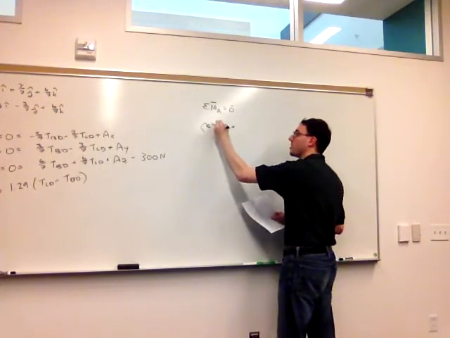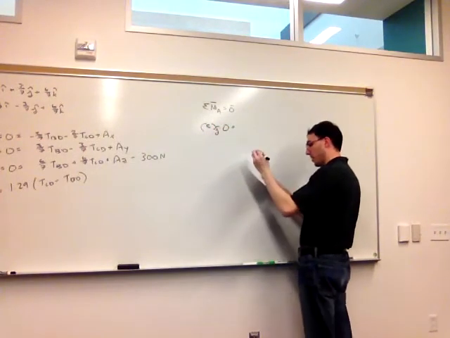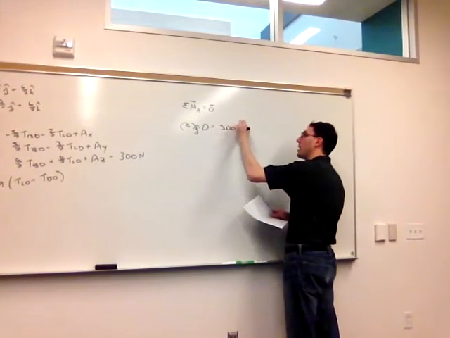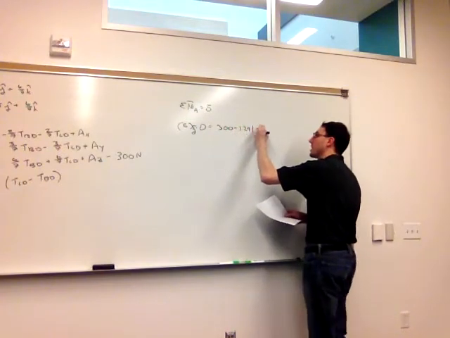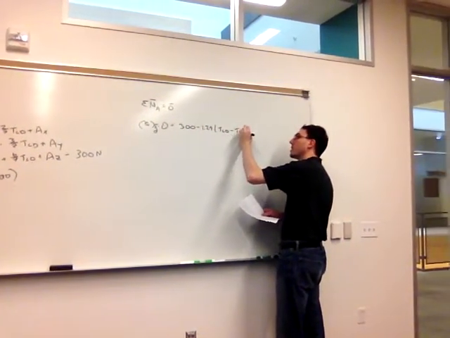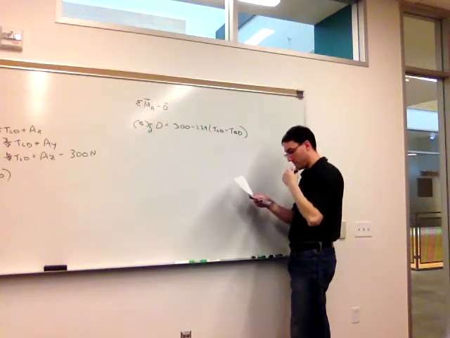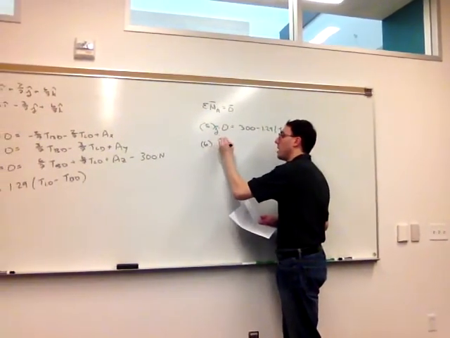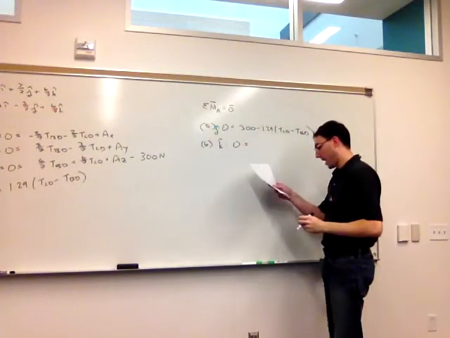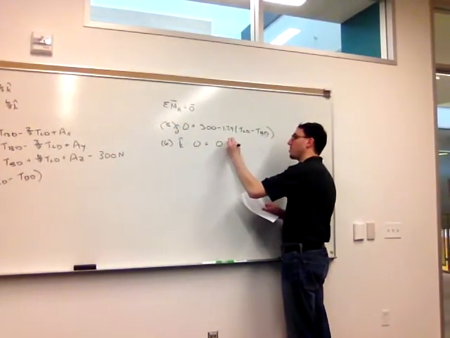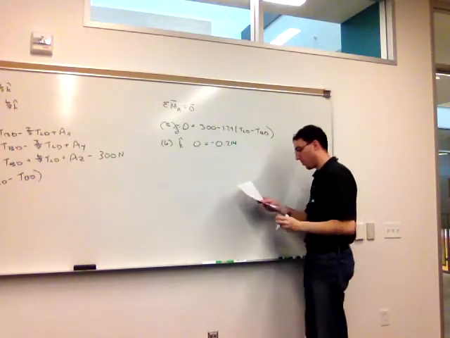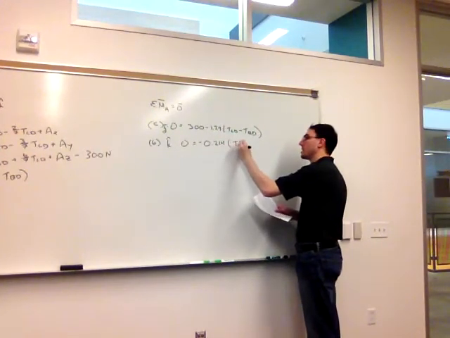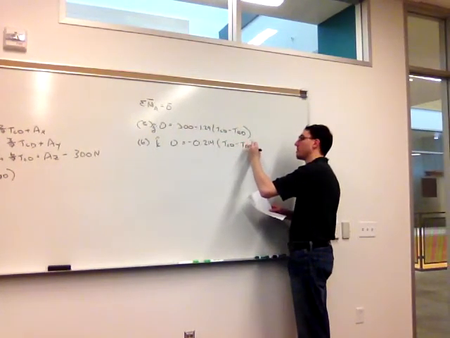So with the J coefficient, 0 is 300 minus 1.29 TCD minus TBD. Okay. And for the K coefficient, we get 0 is negative 0.214 TCD minus TBD.